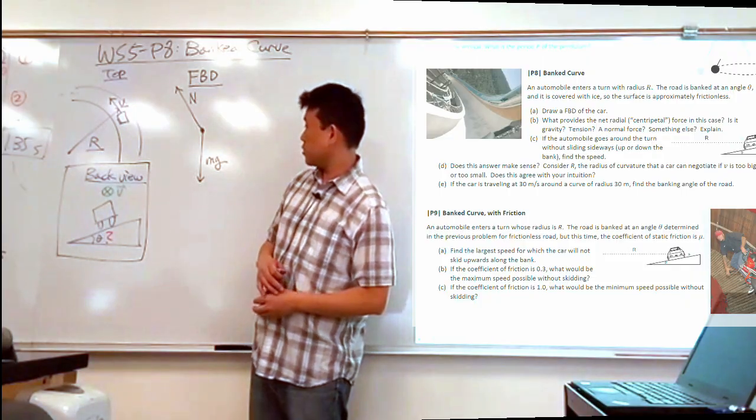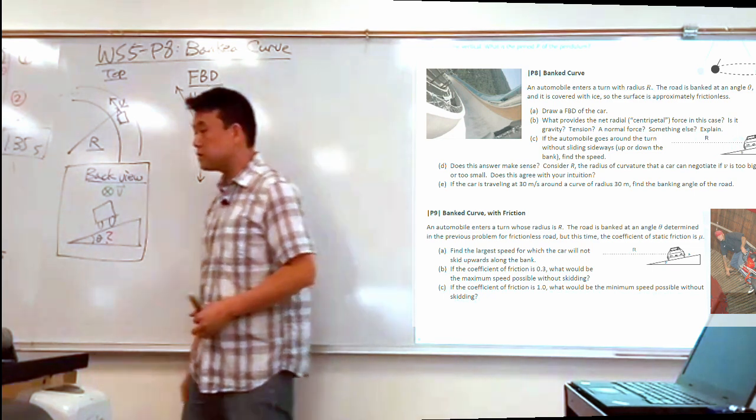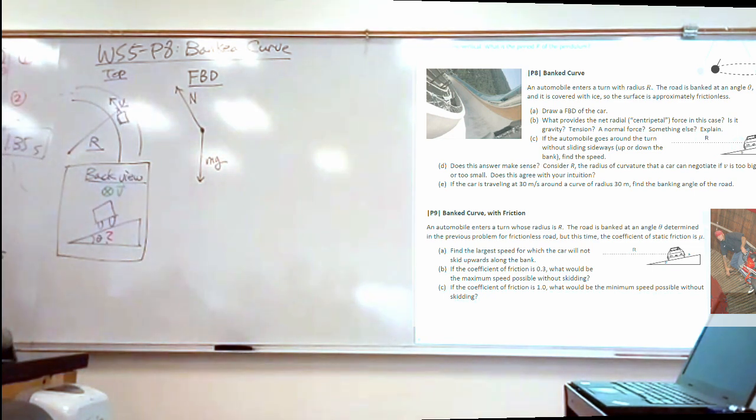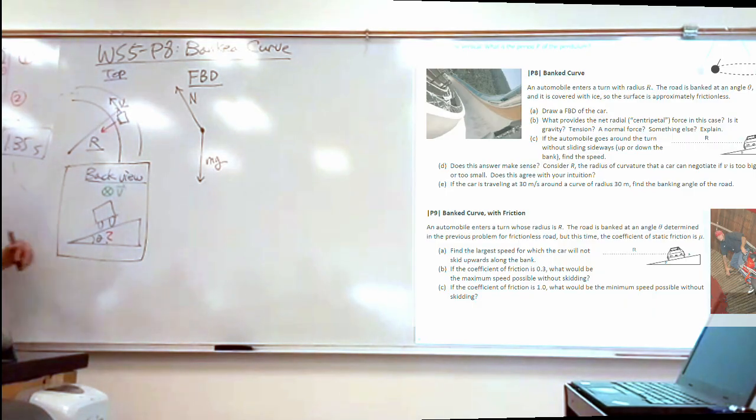So now my second question, what's the direction of acceleration based on this, or what do you expect the direction of acceleration to be? Towards the center. Yeah, towards the center. So if I drew it here, this would be the direction of acceleration. If I drew it here, how would I draw it? Down the slope or horizontal? Yeah, so this is where I want you to imagine where the center of the circle is.